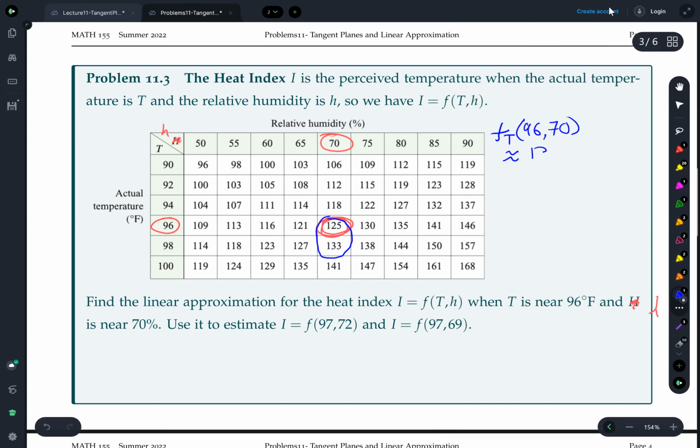In this case, it's 133 minus what we started with, which was 125, divided by the difference in the input, so 98 minus 96. So we're just approximating our partial derivative by moving onto the next row in the table, finding the difference in the output values, and dividing by the difference in the t values. This works out to be 8 on the top and 2 on the bottom, so this is going to be 4.